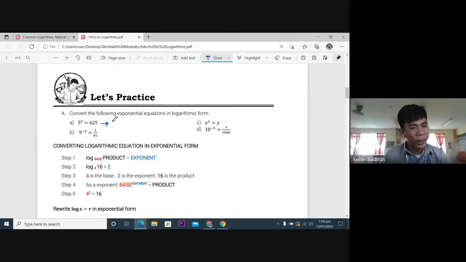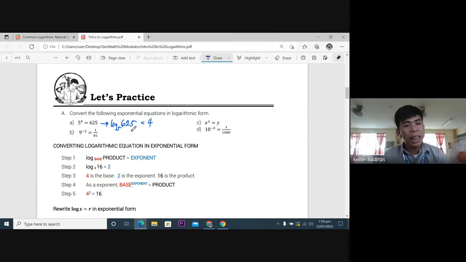Tama naman yung order, pero we read this as logarithm of the product muna. So, logarithm of 625 to the base 5 is equal to 4. Yes sir. Okay, so that's correct.